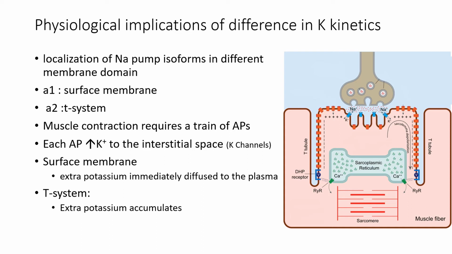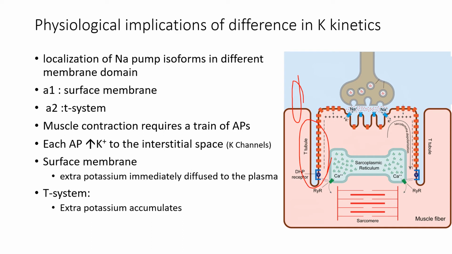What is the physiological implication of the difference in potassium kinetics between these two isoforms? Let's go back to the localization of the sodium pump in different membrane domains. As I mentioned before, alpha-1 is expressed in the surface membrane, and alpha-2 predominantly in the T-tubular system.